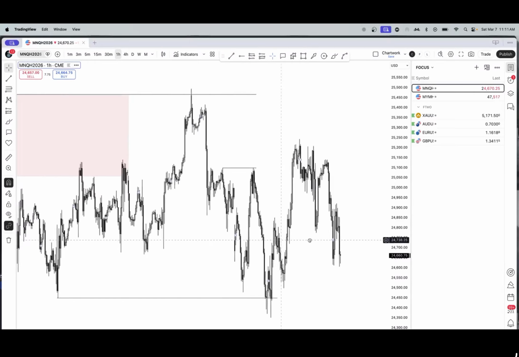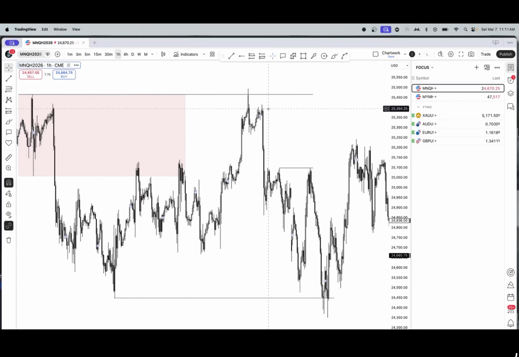So notice how when we trade into this low that we've been building liquidity at, we respect the low. So you want to ask yourself, why are we buying right here? Why is price moving to the upside after reacting off of liquidity?